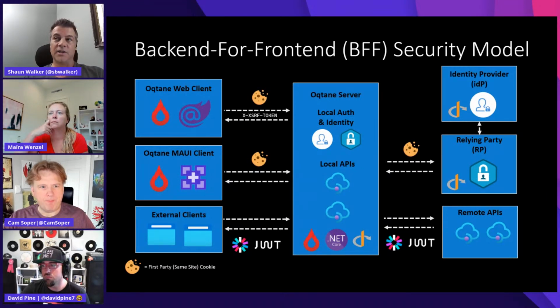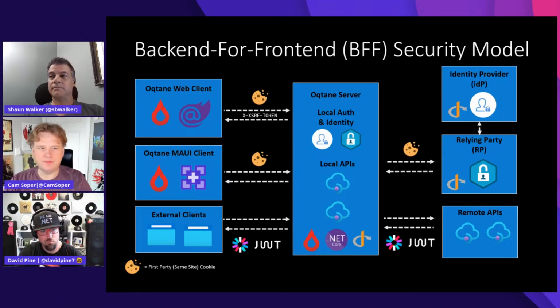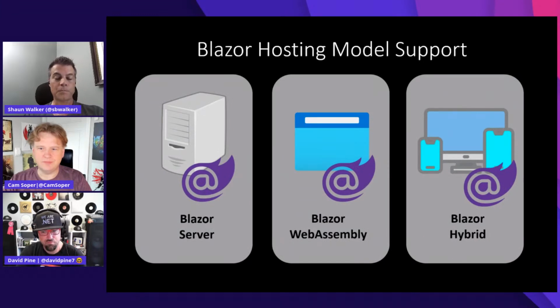And so the UI for identity was actually rewritten as native Razor components, which is something that Microsoft is also doing in .NET 8, but this was something that Oqtane did a couple of years ago. If you want to have the same user interface behavior and look and feel throughout your entire application, then you're going to want that in your identity section as well as the rest of your application, and that even today is not really possible with the current identity. That should be something that's coming in .NET 8, though.